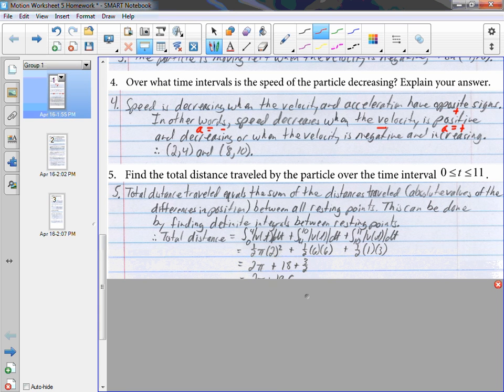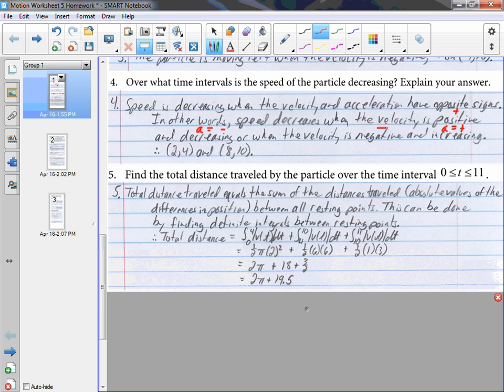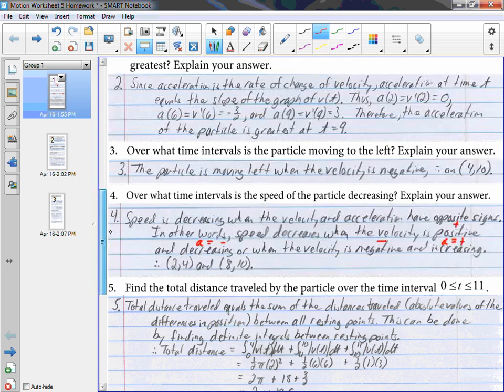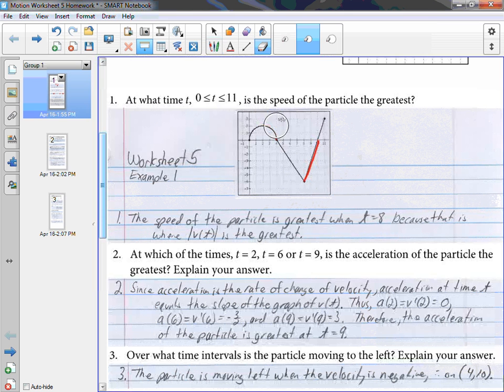All right, so find those by finding the areas. So that first is a semicircle. So that definite integral is the area of the semicircle. So it's 1/2 pi r squared. So 1/2 pi times 2 squared. All right. From 4 to 10, it's a triangle. So it's 1/2 base times height. And you don't have to get too fancy here.